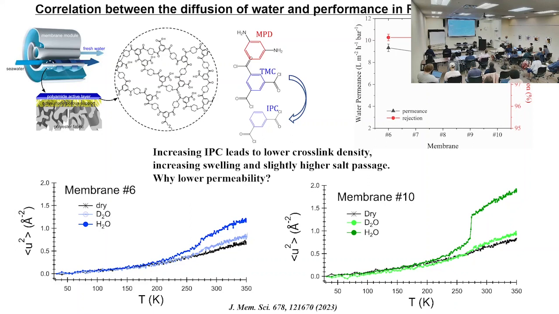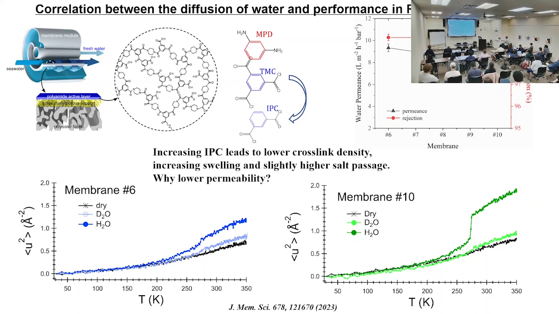Membrane number 10 is the one where we have maximum amount of IPC, so meaning it swells more, absorbs more water. Now, if you look at this here, this is the sodium chloride rejection. You can clearly see that when you swell the membrane, actually sodium chloride rejection goes down. So it's absorbing more water, but it's not rejecting as much sodium chloride as it was before, which is okay.